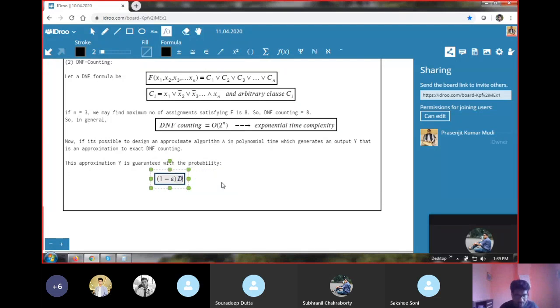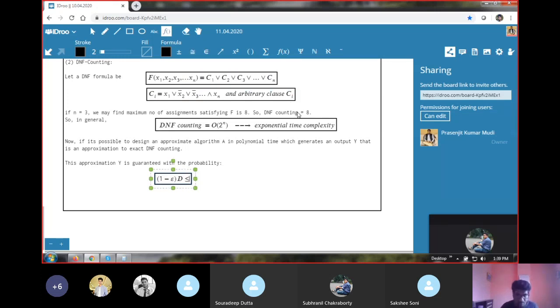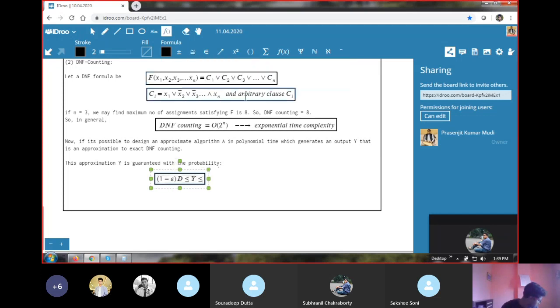Let's call it D. So the exact value of DNF counting is D. So (1 minus epsilon) D is less than or equal to y, less than or equal to (1 plus epsilon) D.